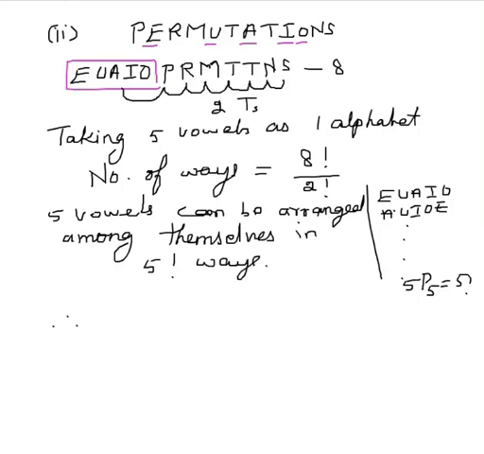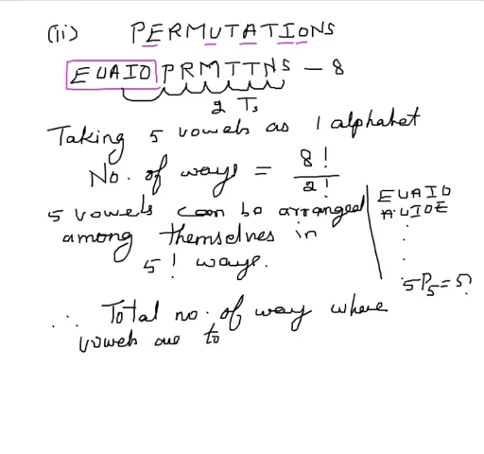Therefore, total number of ways where vowels are together is equal to 8 factorial by 2 factorial times 5 factorial.